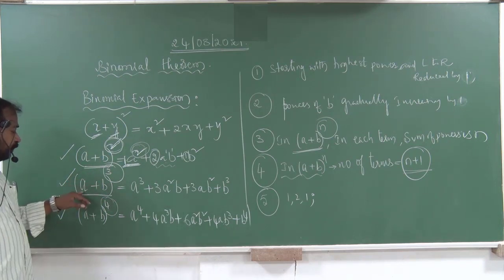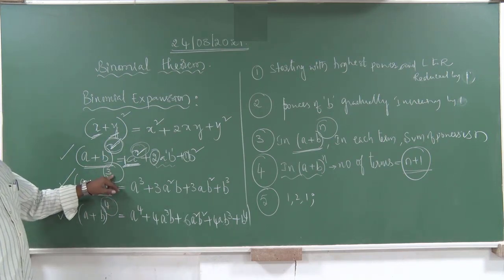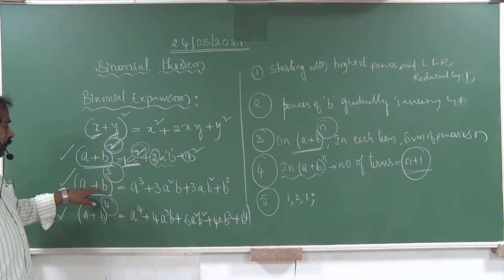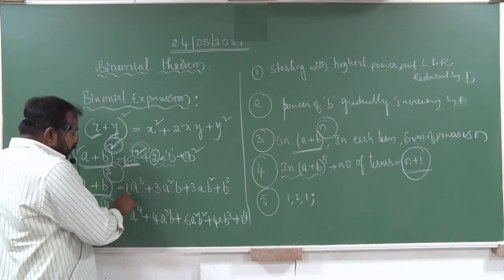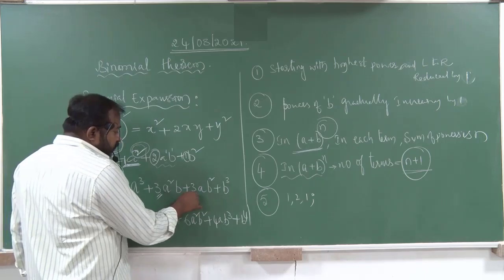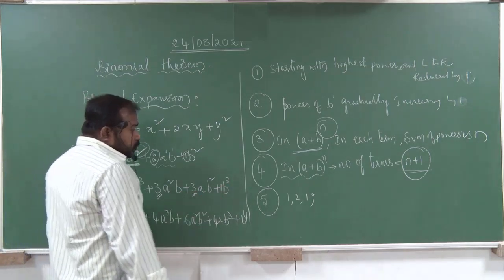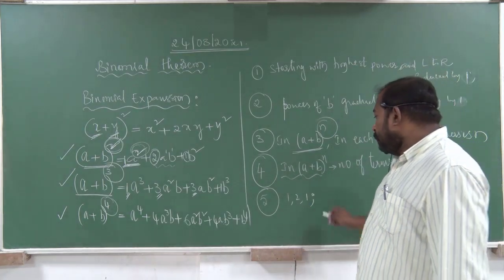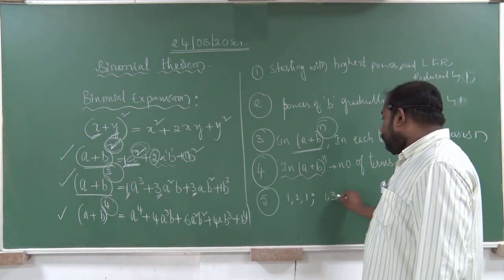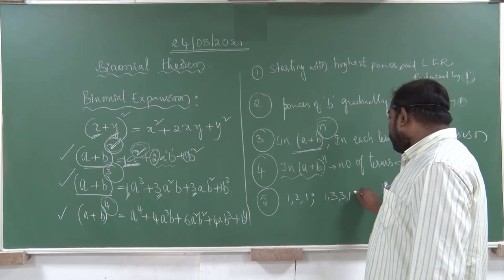Similarly, if you observe a plus b whole cube, tell me what are the coefficients here? Here 1 is there, here 3, here 3, here 1 is there. So in the expansion a plus b whole cube, the coefficients are 1, 3, 3, 1.